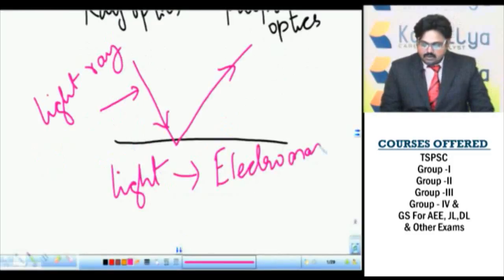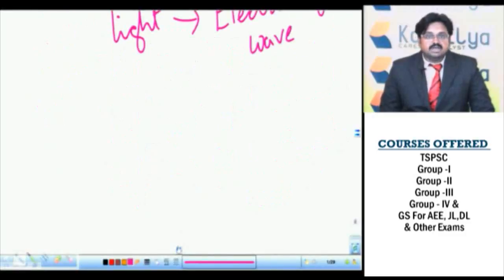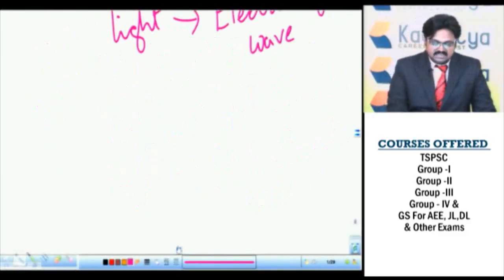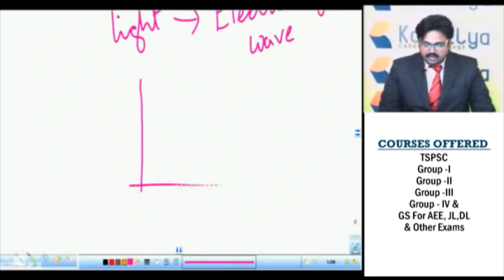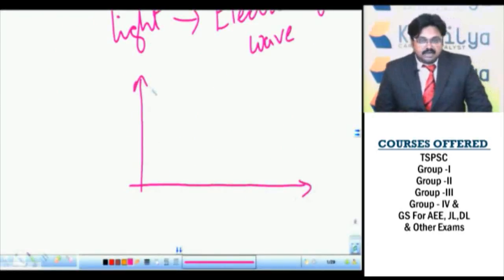So it has two components: one is the electrical component, the other is the magnetic component. It's actually a sinusoidal wave. It has both electrical components as well as magnetic components. Now I'll try to draw the light wave.